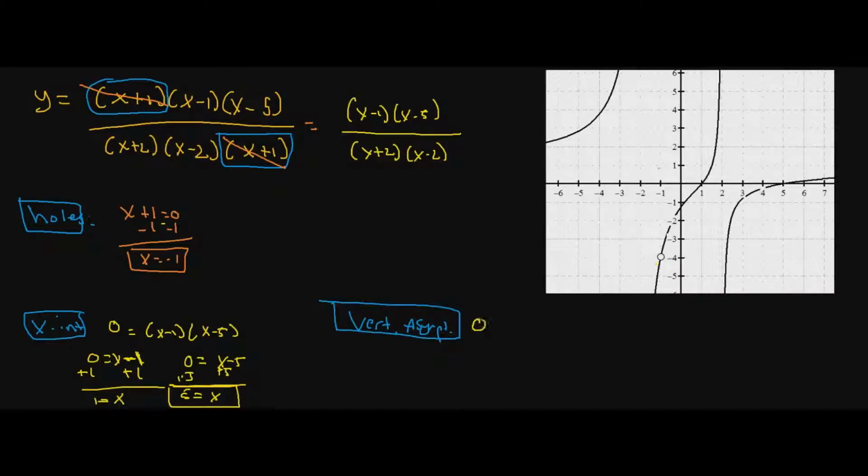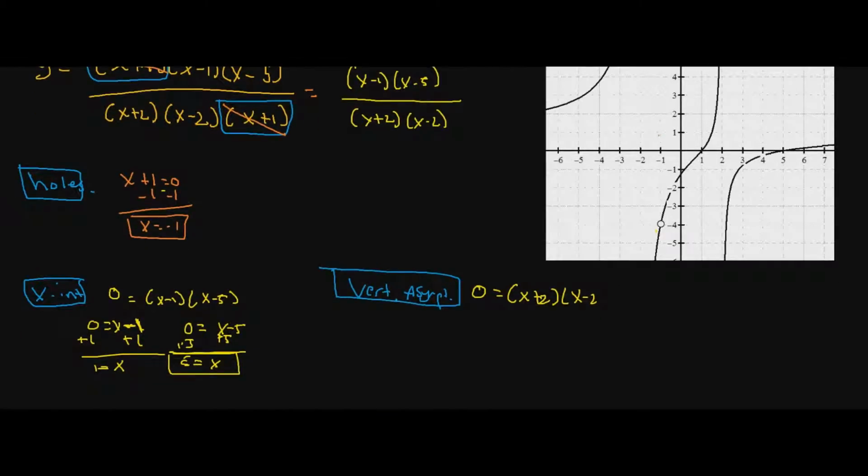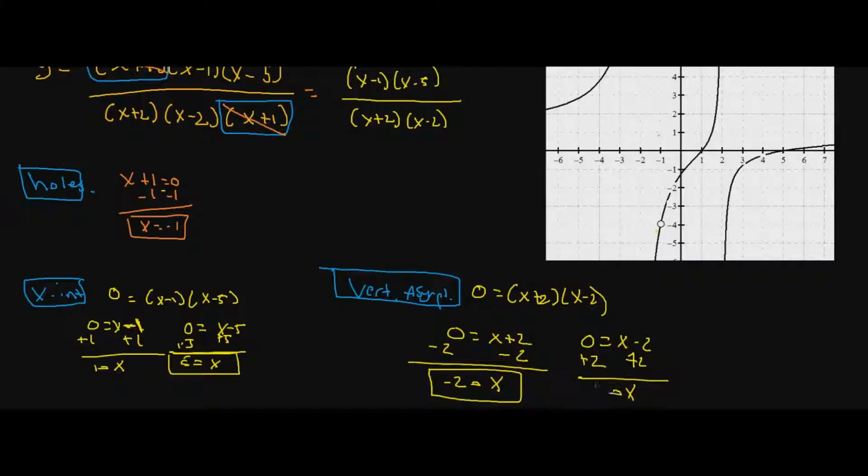For the vertical asymptotes, we get 0 is equal to x plus 2, x minus 2. So 0 equals x plus 2, and 0 is equal to x minus 2. We subtract 2 from both sides, and we get x is equal to negative 2. And here we add 2 to both sides, and we get x is equal to positive 2.